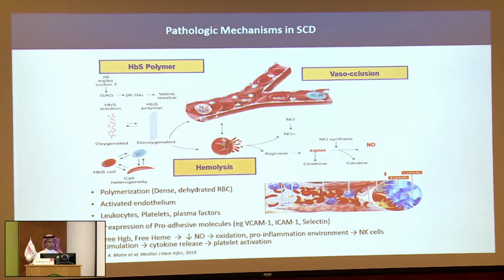That leads to injury of the endothelium and the expression of adhesion molecules that attract different sorts of cells, which increases the problem and leads to further inflammation released from the white blood cells, attracting white blood cells and platelets, and then aggravates the pathology and the vasculopathy.